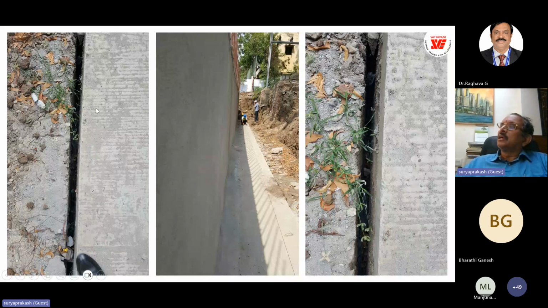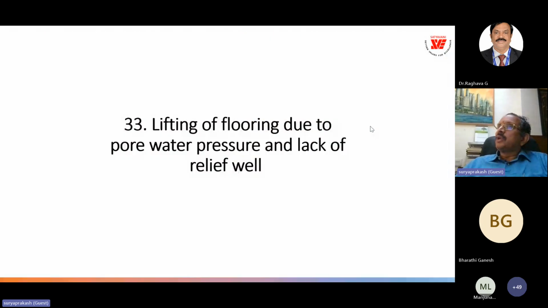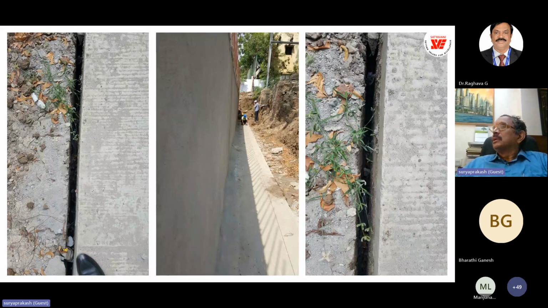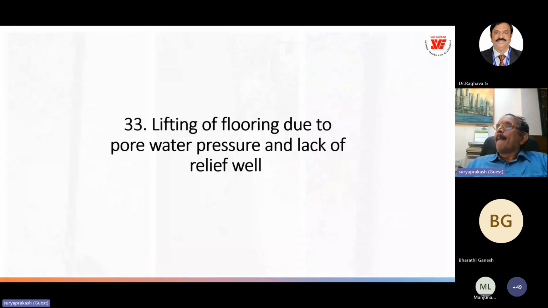So we had to restore this. That means there was a bow shaped failure in the piles and the capping beam. So this we had to analyze and restore the stability of the side slope actually.